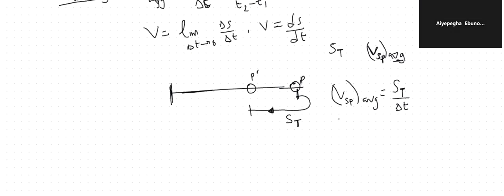While average speed is a positive scalar, average velocity can be negative, can be positive. That's something I want you to really see.